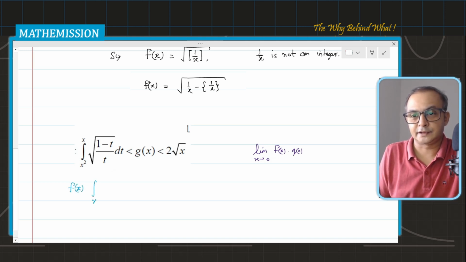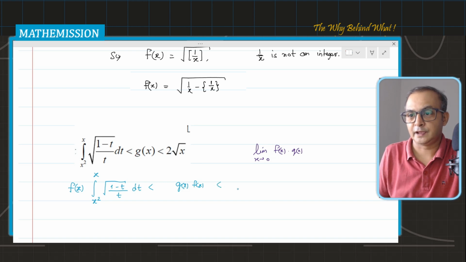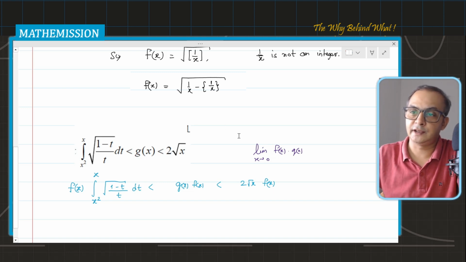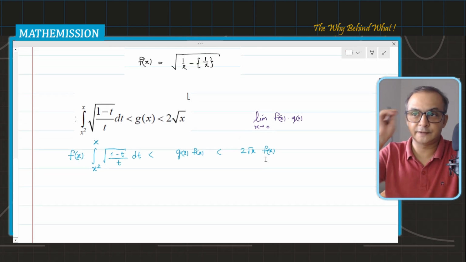and x squared to x, square root of 1 minus t by t dt. In the middle I have gx into fx, or fx into gx, doesn't matter, and here I'm writing 2 root x into fx. Now we can impose the limit on each part of the inequality.